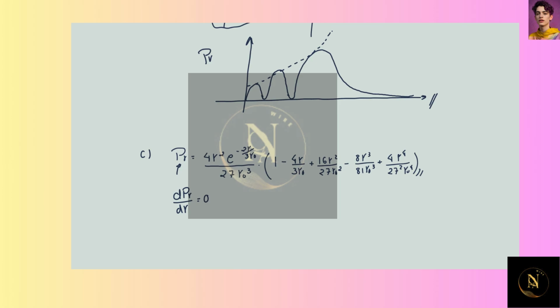So unfortunately, we have to plug it into the computer to solve this for us. We expect to get 1, 2, 3, 4, 5, 6 solutions, and we will only want this one. By doing that, one gets that the maximum happens at r approximately 13.1 times r0.